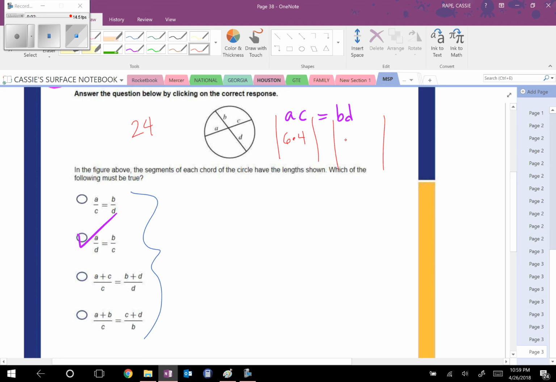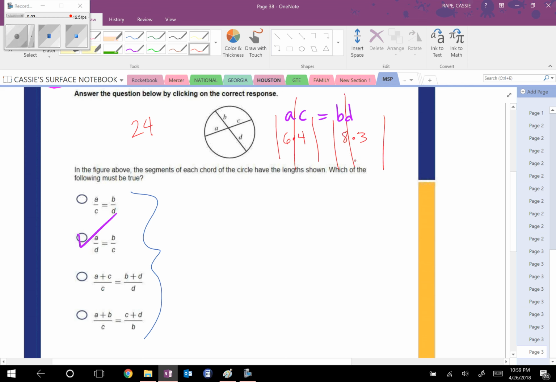So 6 times 4, I don't want to use 1 times 24, but I could use, I don't know, 2 times 12. Okay, well, I just told you not to use 2s. 2s sometimes do some weird things, but I don't want to waste time, so how about 8 times 3? Okay, so 6 times 4 is 8 times 3. So I've determined that A is 6, C is 4, B is 8, and D is 3.